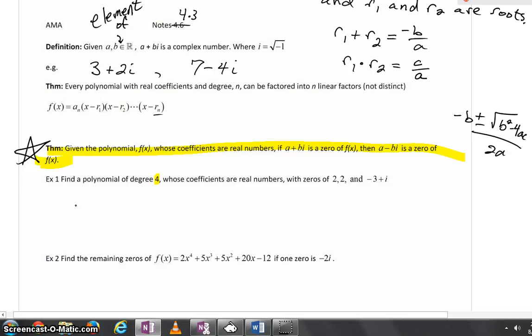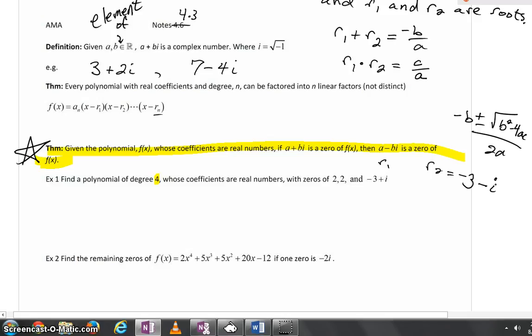Here's a 2, here's a 2. Negative 3 plus I. I'll call this one of the roots that we are given. What's another root that they didn't write down? We should know that's coming. What do you think? Negative 3 minus I, the conjugate. Right?